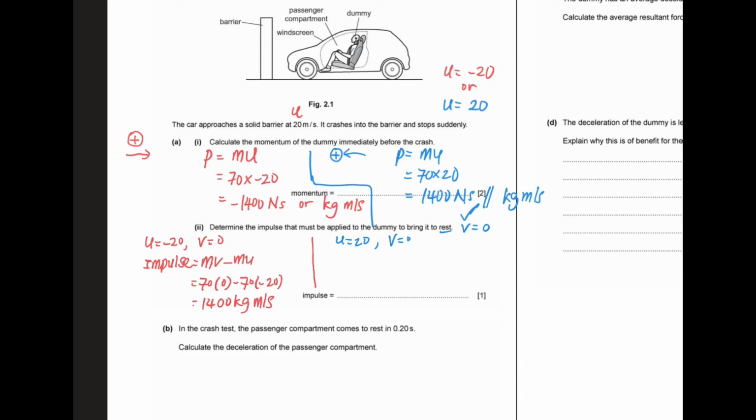Okay. Now if you follow the blue one, impulse equal to mv minus mu. Okay, so 70, 0, minus 70, 20. So seems like this time you get negative 1400.